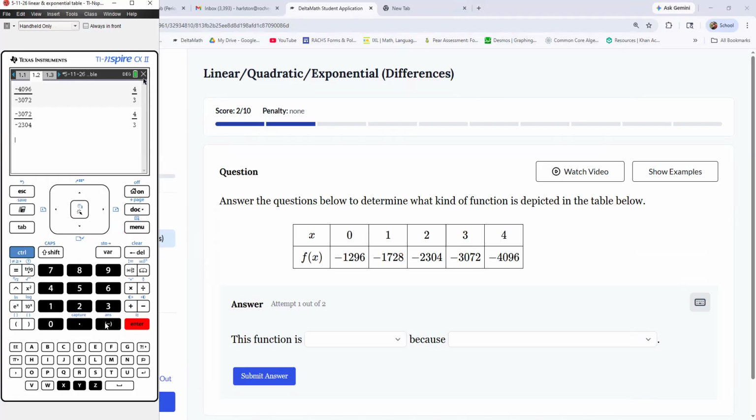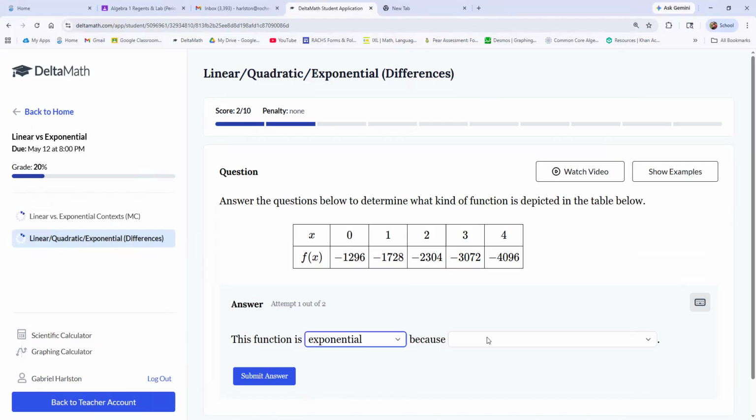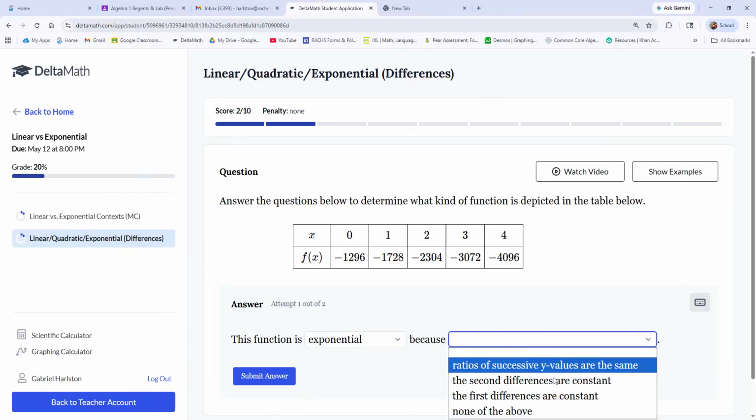Let's do one more. We're going to do a -2304 divided by a -1728, and we get 4/3. So this is exponential. It's being multiplied by 4/3, so we would say it is the ratio.